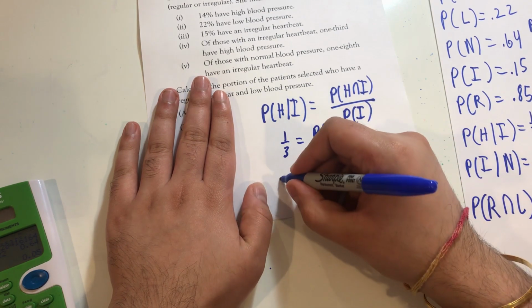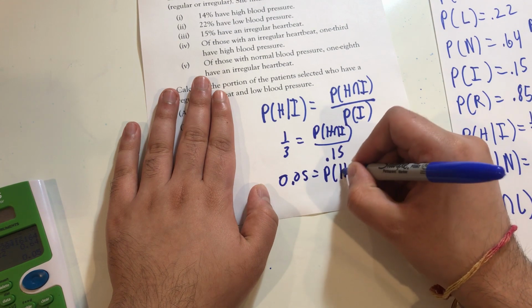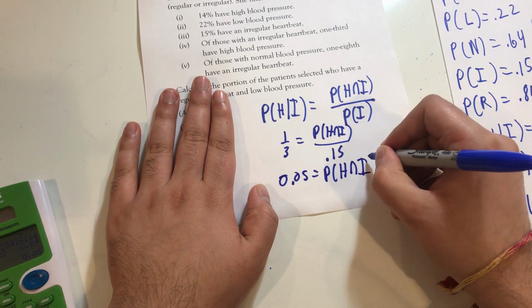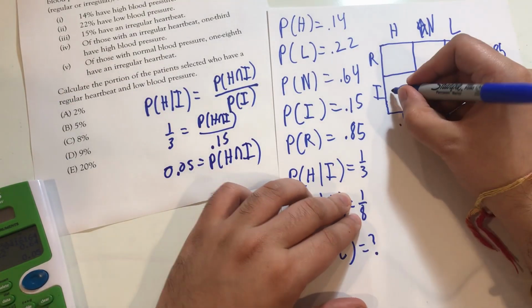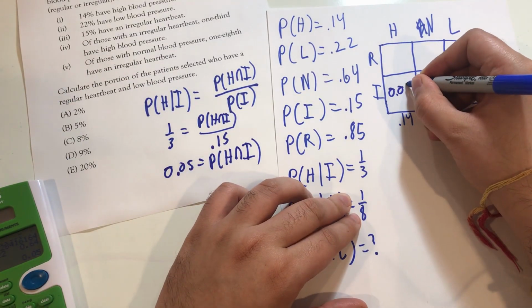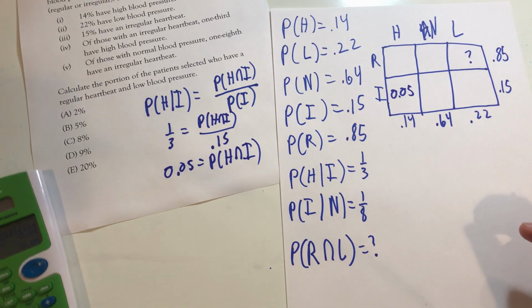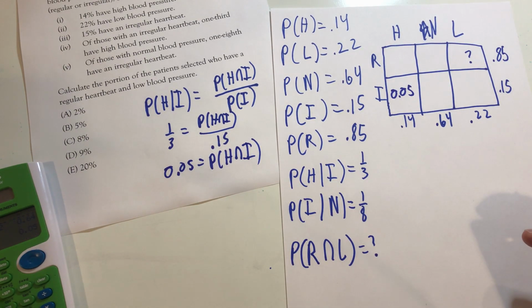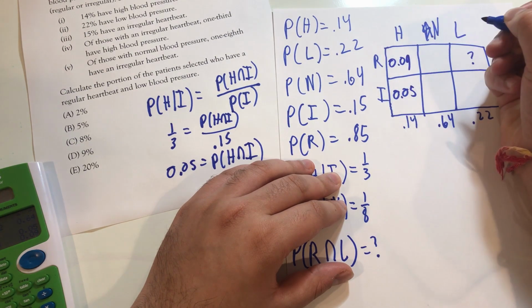Multiply 0.15 to both sides. 0.05 is equal to probability of H intersection I. Okay, so that means here we have 0.05. And since this whole column should add up to 14% or 0.14, I can figure out that this box should be 0.09. All right.